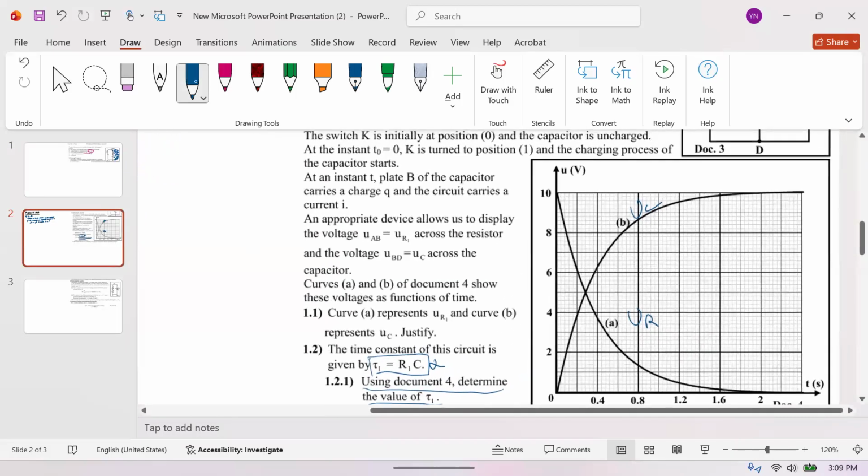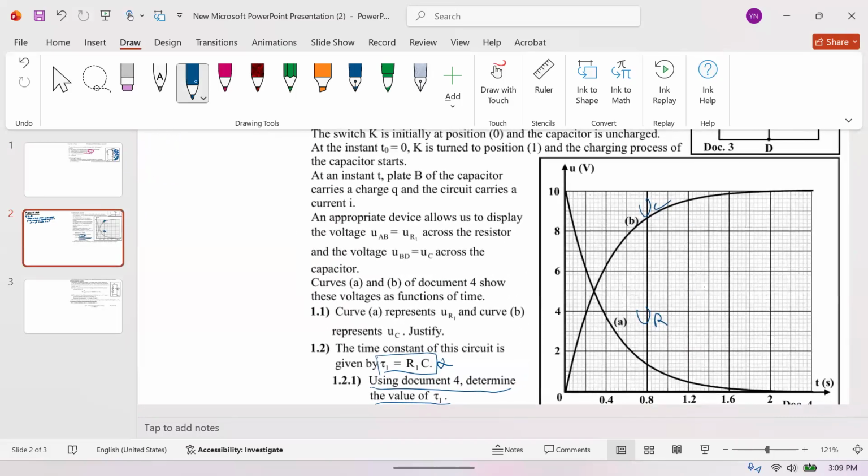Okay, now since the voltage of the capacitor is increasing, I have to find 63% of the maximum value. And the maximum value, as I clearly can see here, the curve ends up having a horizontal asymptote at the end at E equals 10.